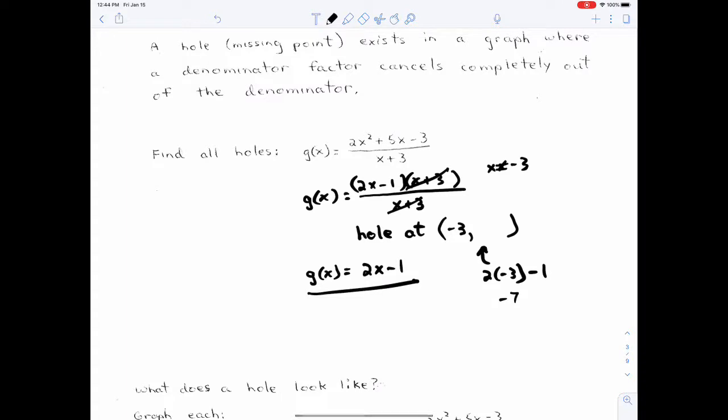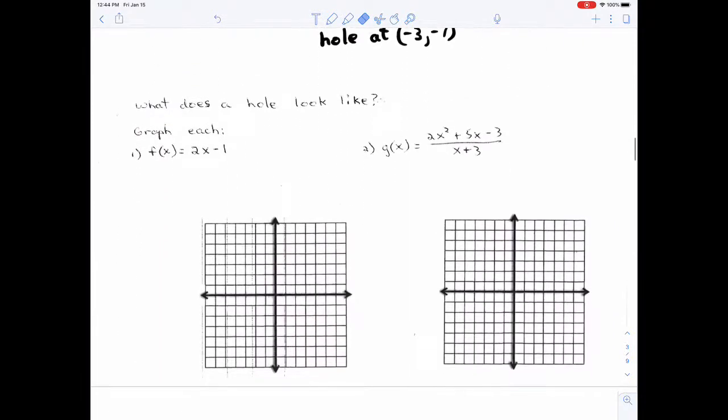So where's the hole? There's a hole at -3, comma -7. So we're going to end up with a line that has a hole in it at the point -3, comma -7. So how does this thing look?